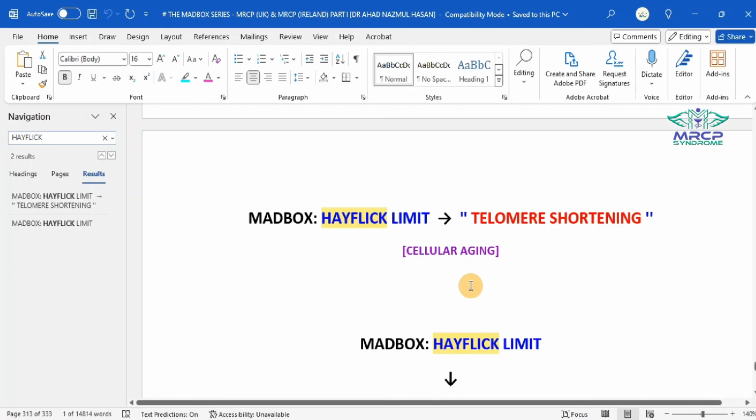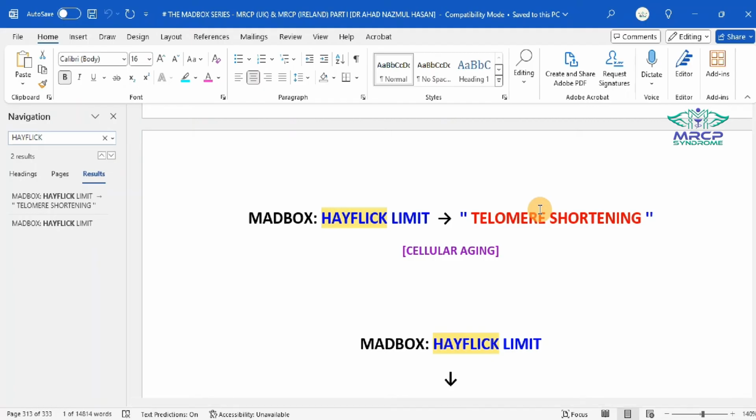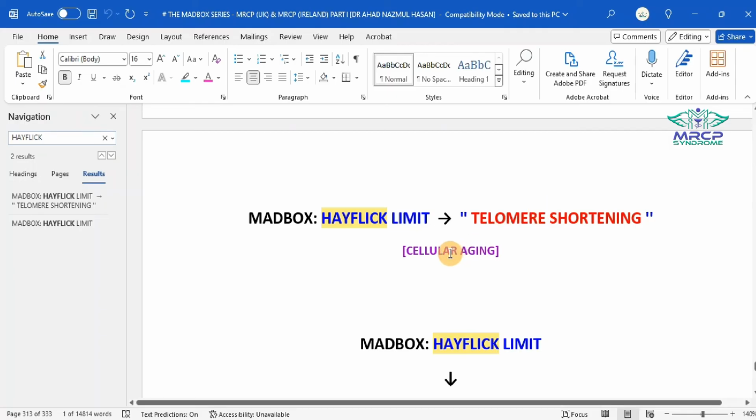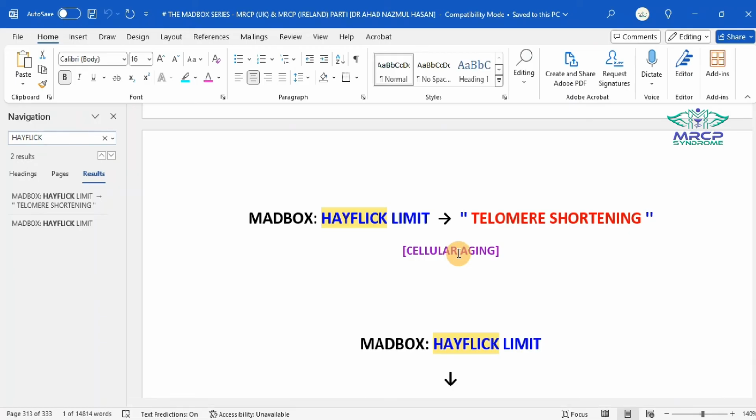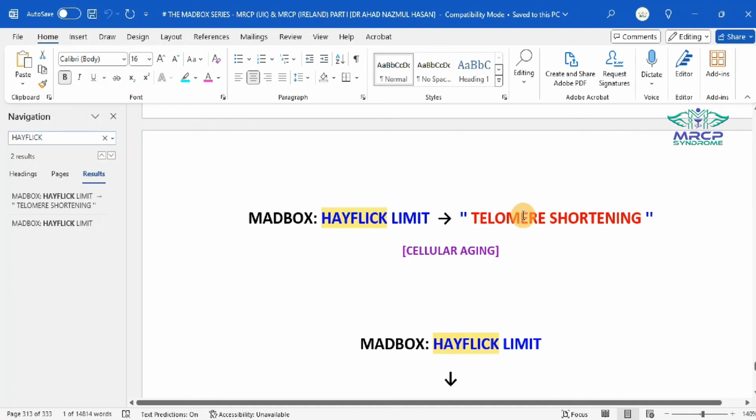And this Hayflick limit phenomenon is caused by progressive shortening of the telomere, the protective cap at the end of the chromosome, during each cell division. With each cell division, the telomere becomes shorter because the DNA polymerase cannot fully replicate the ends of the linear DNA.